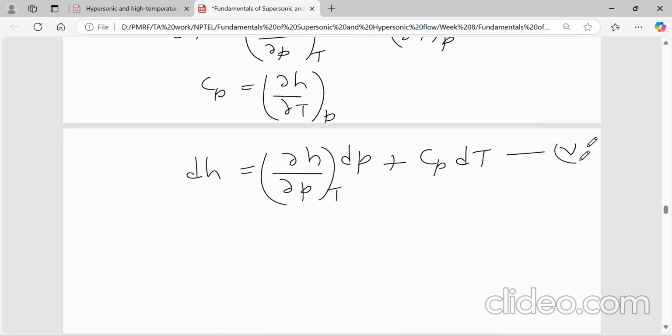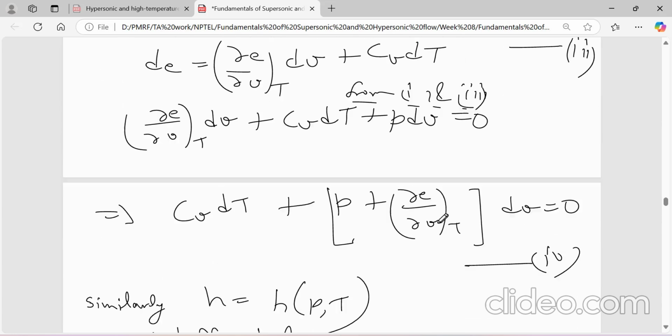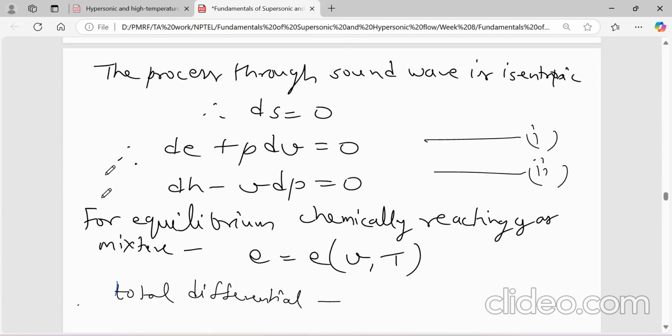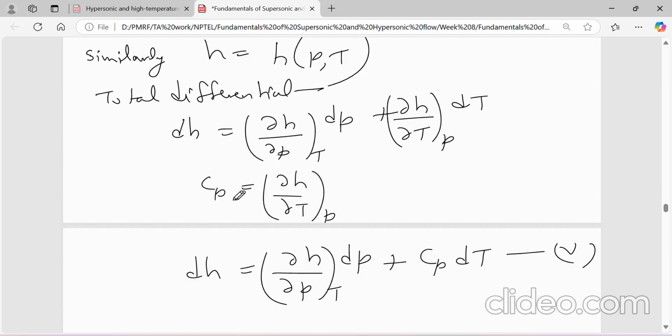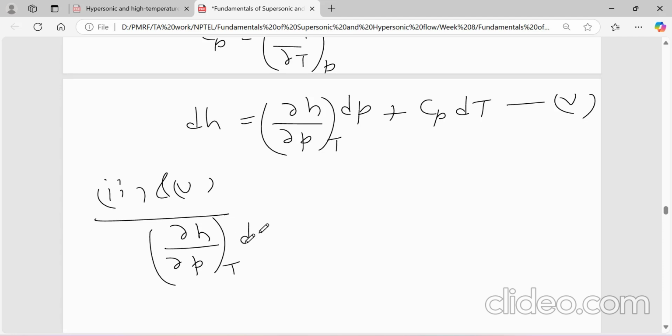This is equation 5. Now from equation 5, if we substitute this dH into equation 2, from 2 and 5, we get dou H upon dou P at constant temperature dP plus Cp dT minus VdP equals 0.